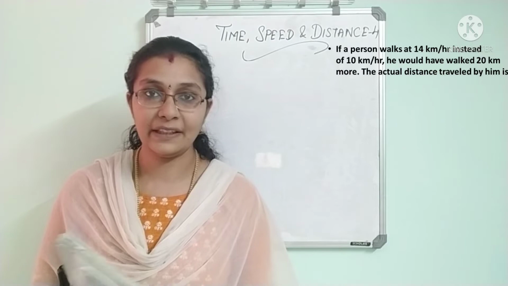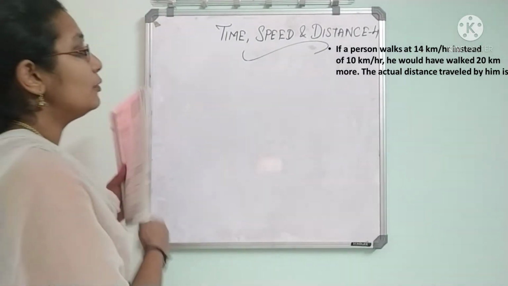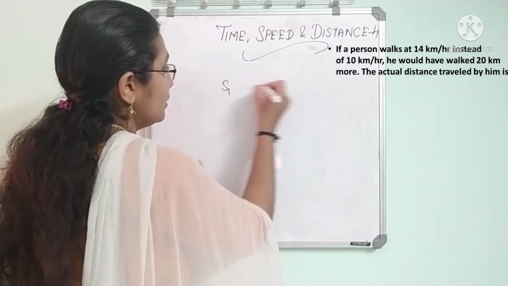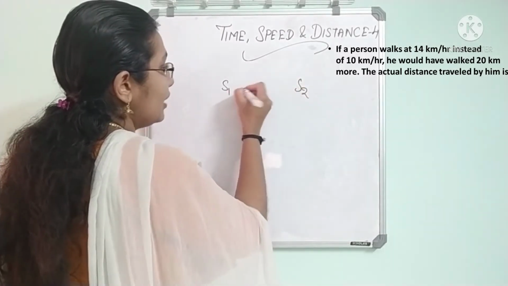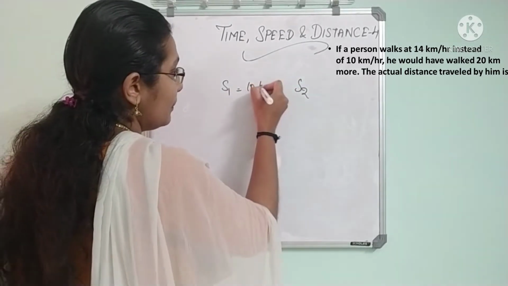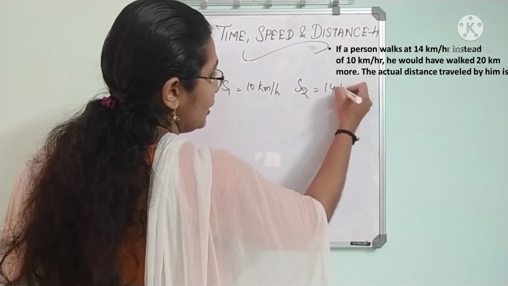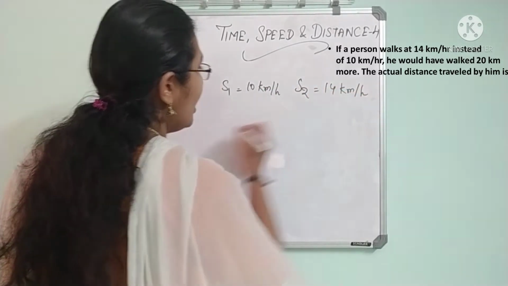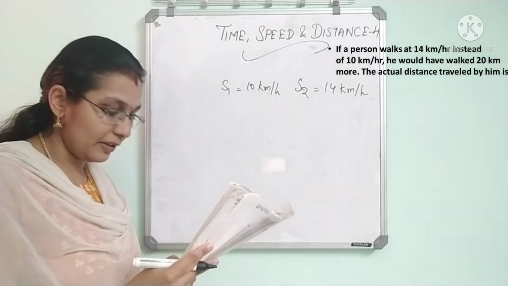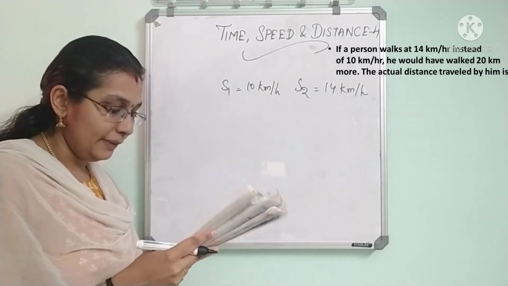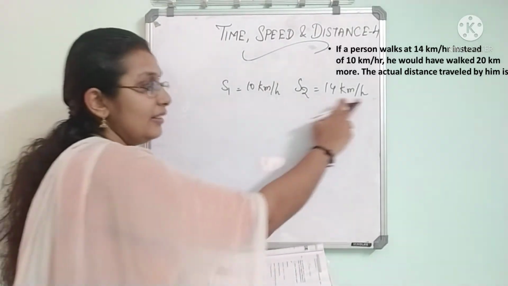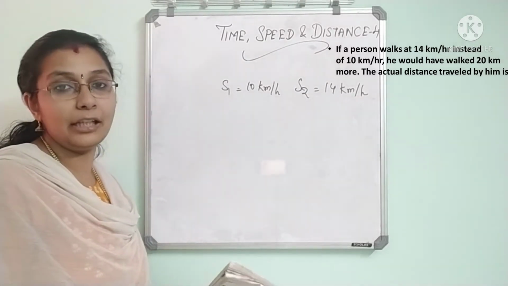So what are all the given data? They have given two speeds, speed 1 and speed 2. Speed 1 is 10 km per hour, and speed 2 is 14 km per hour. And what is the additional hint they have given? If he walked at this speed, he would have covered 20 km extra.